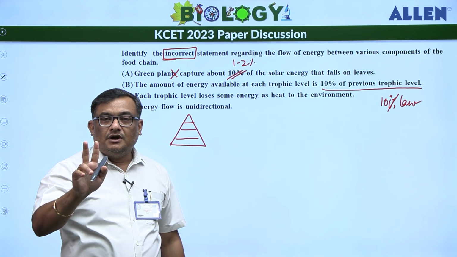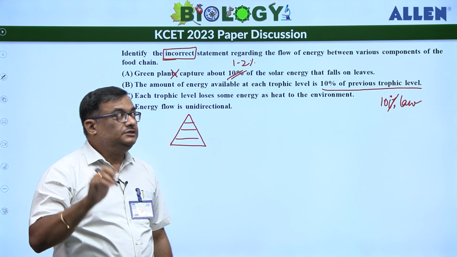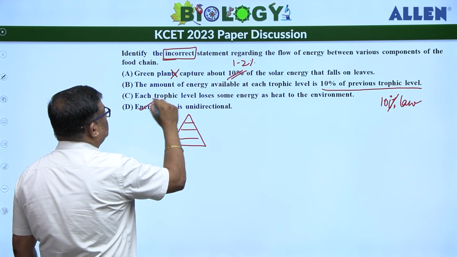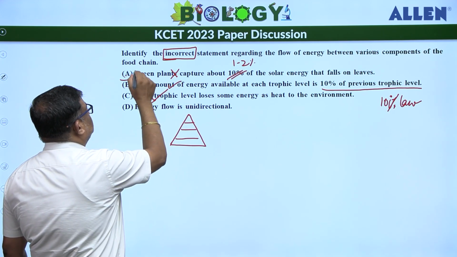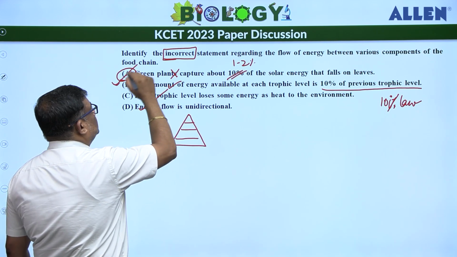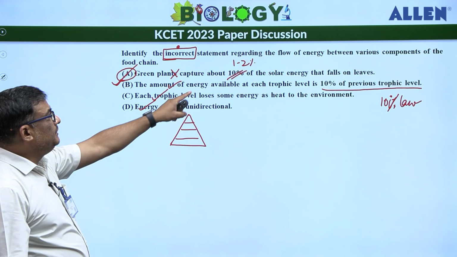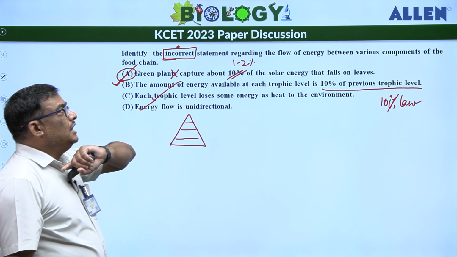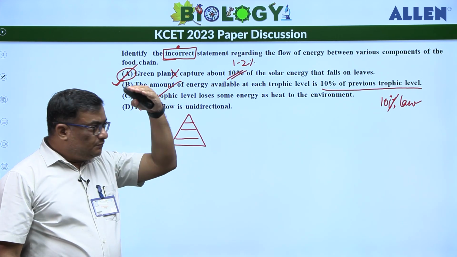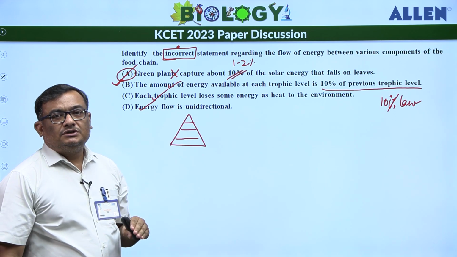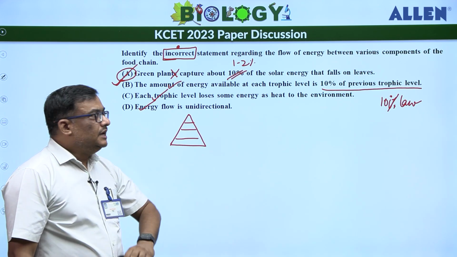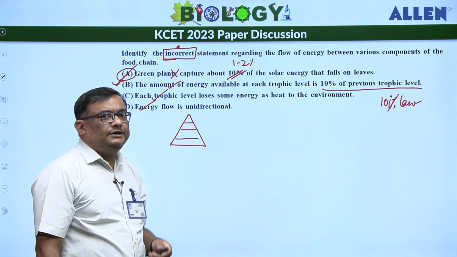Reversal is not possible. So this is correct, this is correct, this is correct. So this becomes your correct answer because this is an incorrect statement, and the rest of the three statements are correct with reference to the flow of energy between the different components of the ecosystem. I hope you people are getting what I am trying to say.